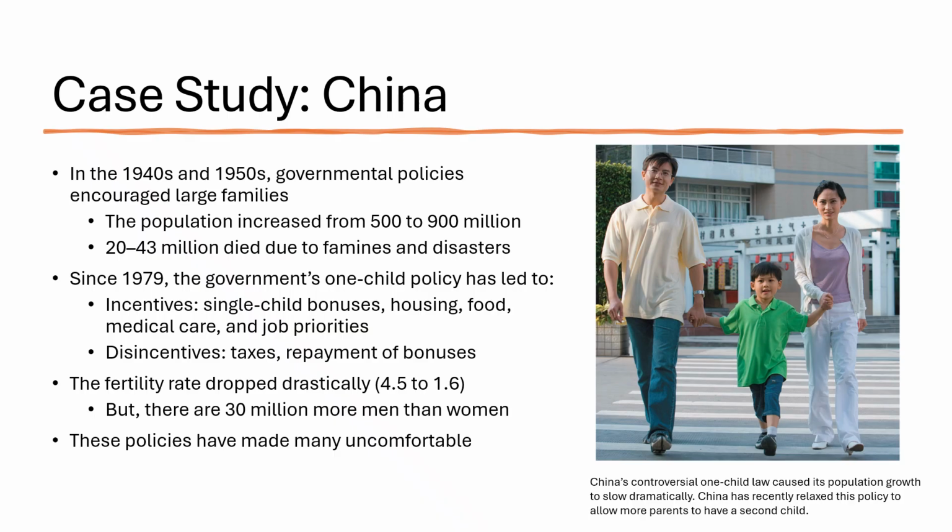If they had more than one child, they had to pay taxes or repay some of their bonuses and help. So the fertility rate drastically dropped from about 4.5 children per woman to 1.6.